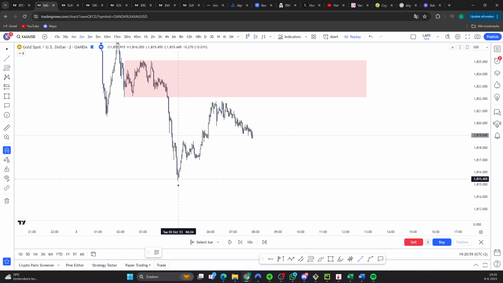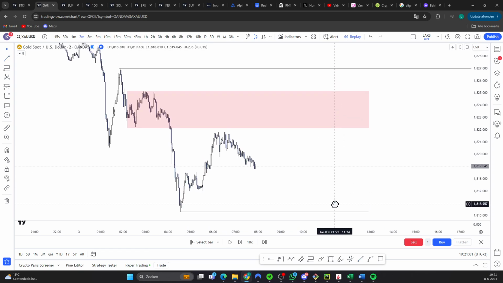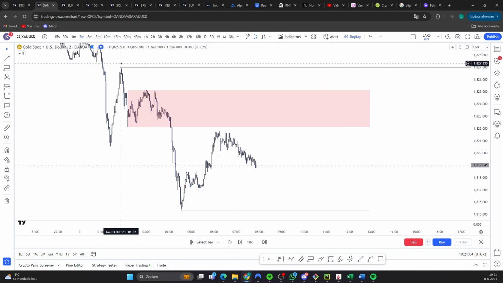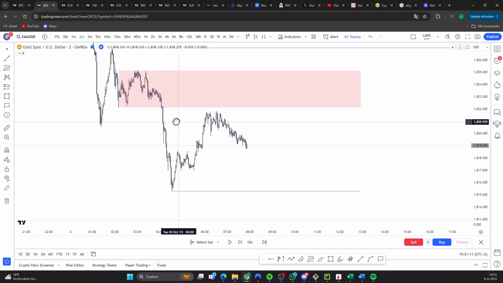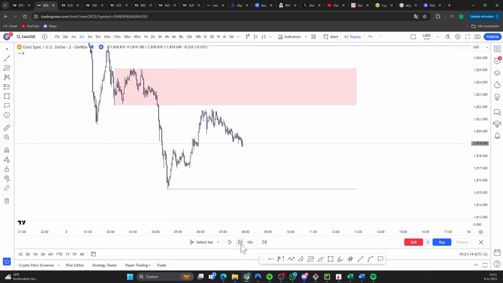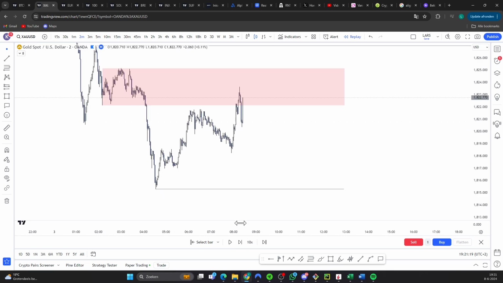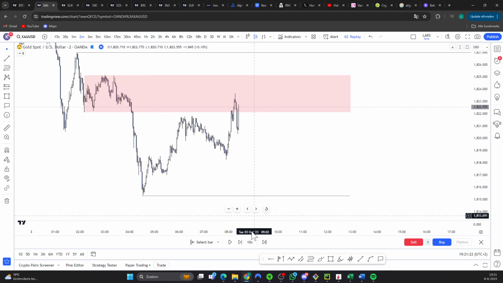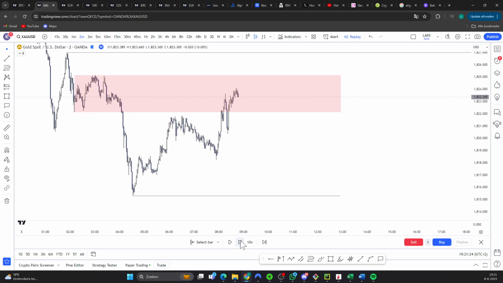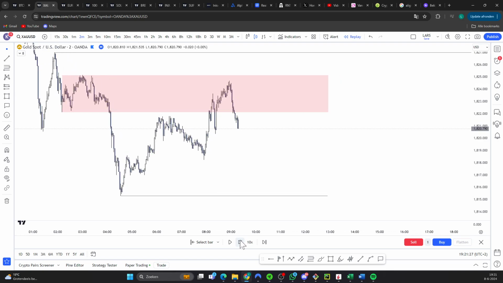This is your Asia low and your market structure low. This is your market structure high above your Asia high. Okay. And then we're coming into London. This is your most important internal low.